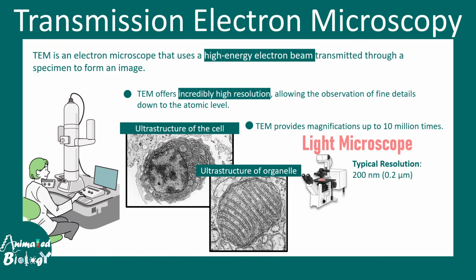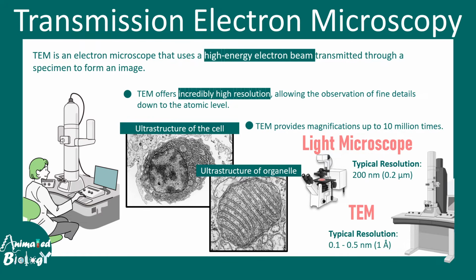Now, a typical light microscope offers a resolution of 200 nanometers, whereas a transmission electron microscope offers a resolution of 0.1 to 0.5 nanometer, several thousand times better than a light microscope. In this video, we will try to understand how TEM can offer this unprecedented resolution.